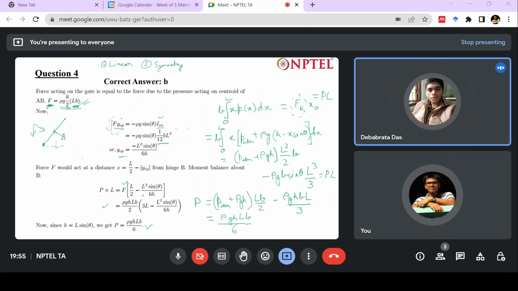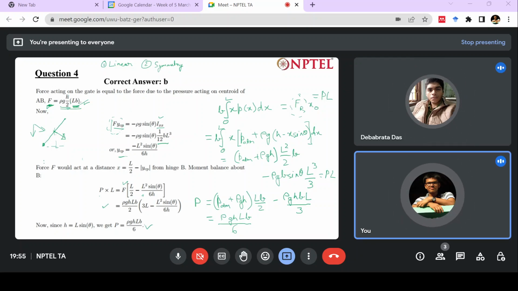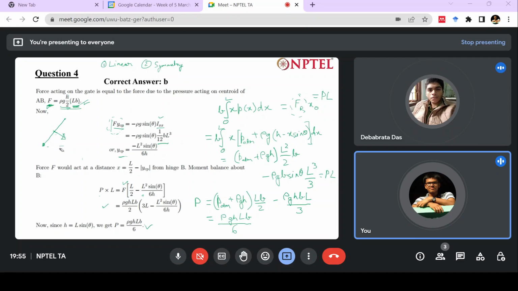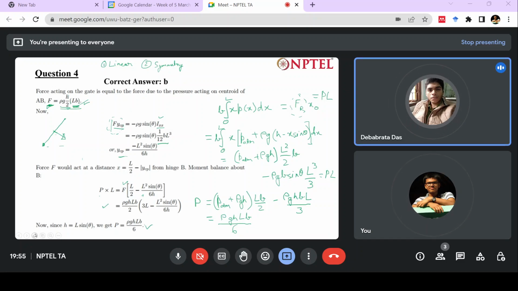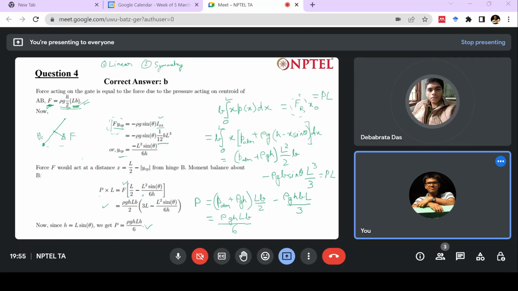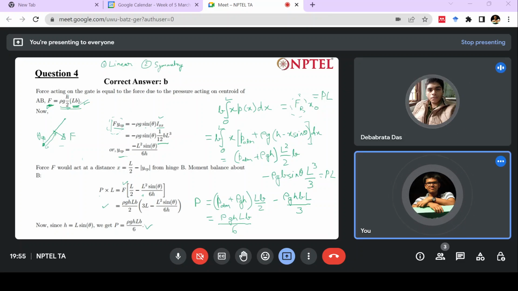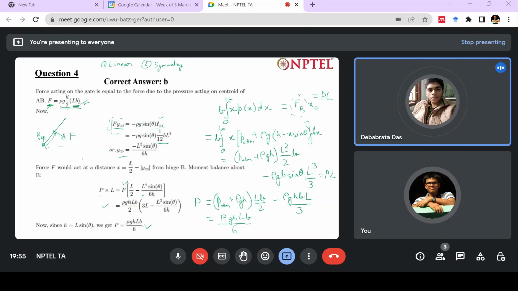So whatever is our x0, that is only their YCP. They have not attached a figure, that's why it's difficult for me to understand which one they have taken as YCP. F is here. This length is YCP, and what they have done is equated it with the moment generated by the water here.